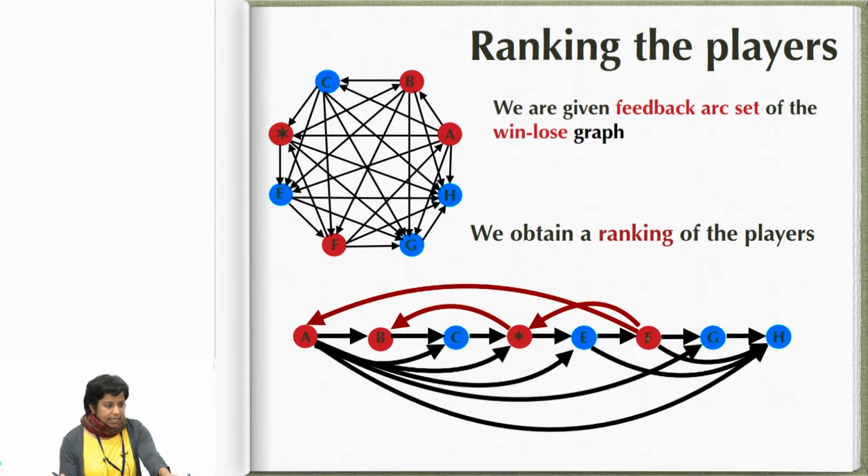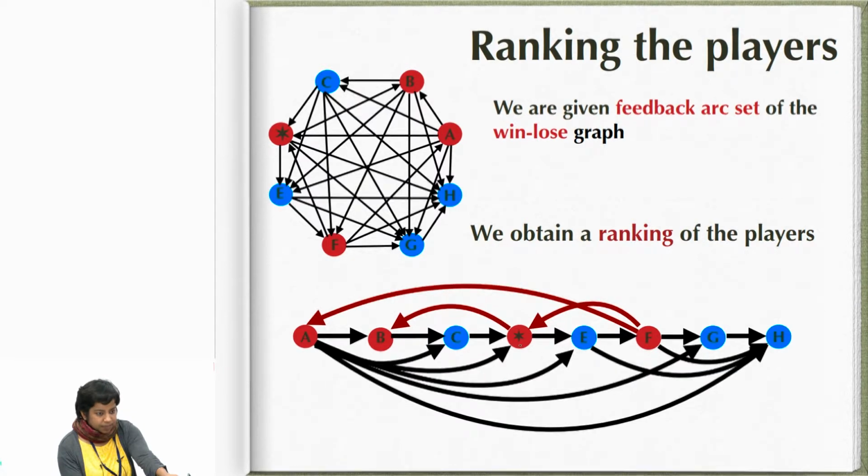Now what can I say? Using this ordering, I want to say that A is a better player than B, because A appears to the left of B. Besides these red edges that are pointing back, A beats all the other players. So the only player that A does not beat is F. B does not beat two players: the one sitting to the left of B, that is A, and my favorite player.